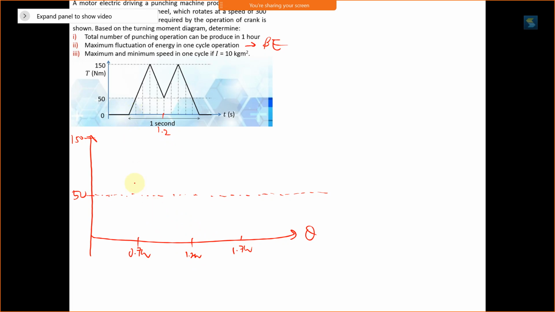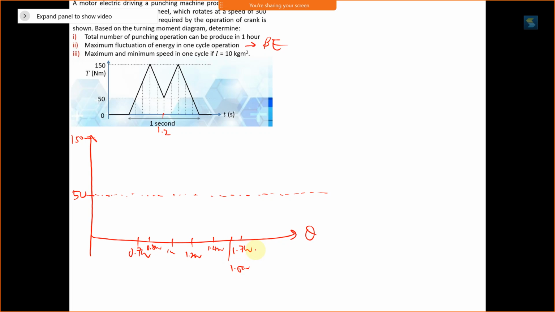Here 0.7, 0.8. 0.8 omega. And then we also have 1 omega here, 1 omega, 1.4 omega, and then lastly we have 1.6 omega.